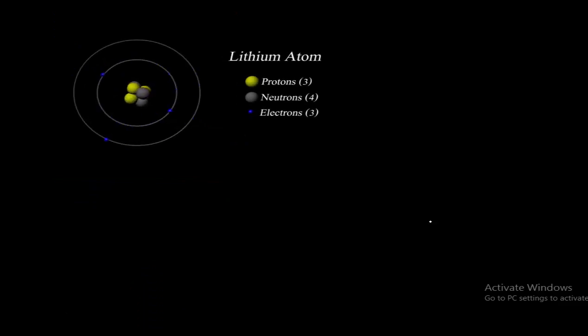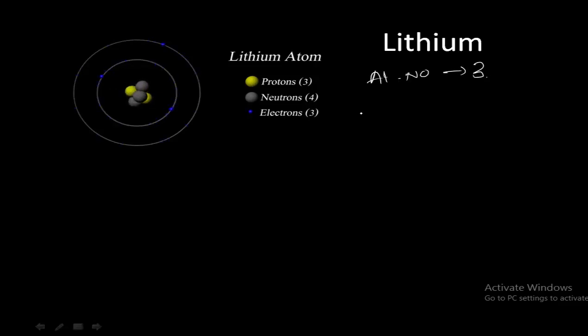Next, the third one is the lithium atom. In a lithium atom, there will be 3 electrons because the atomic number of lithium is 3. How can we write the electronic configuration? See, in the first shell, in the s subshell, 2 electrons are there.